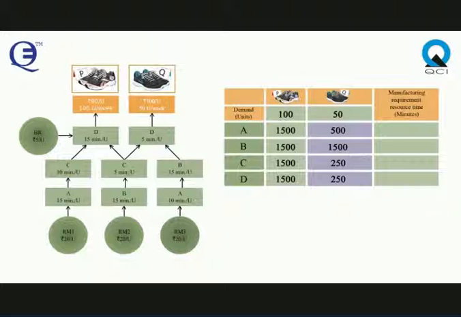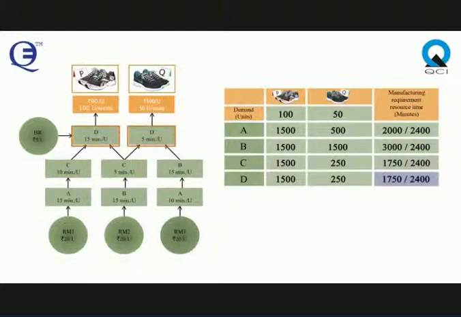We sum it up. We find that machine A is loaded for 2000 minutes for the week. Machine B is loaded for 3000 minutes for the week. Machine C is loaded for 1750 minutes a week. And machine D is loaded for 1750 minutes a week.